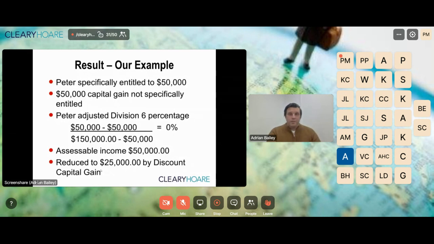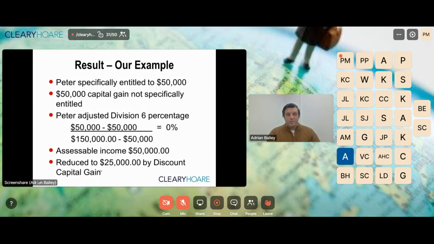However, now that the streaming provisions are within the legislation, the fact that Peter, or anybody, is not specifically entitled to that $50,000 means that we need to go back to our adjusted division 6 percentage and flow it out from there. So in terms of Peter, his adjusted division 6 percentage would be 0 because 0 divided by anything is always going to be 0, according to my grade 3 maths.